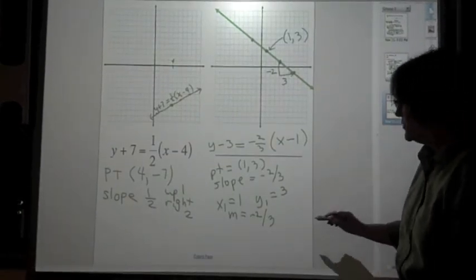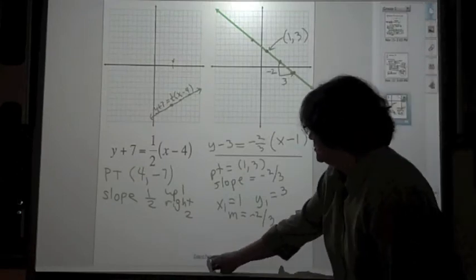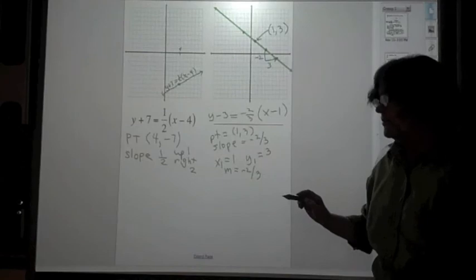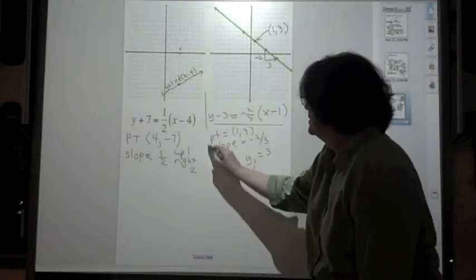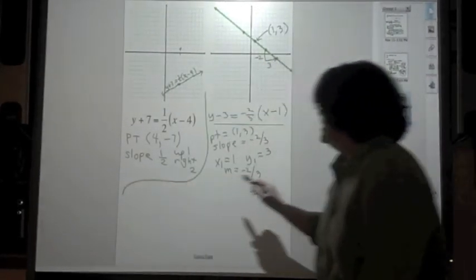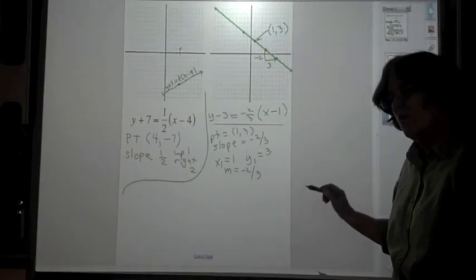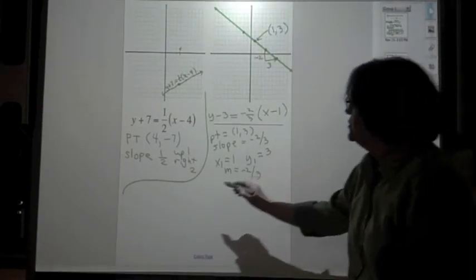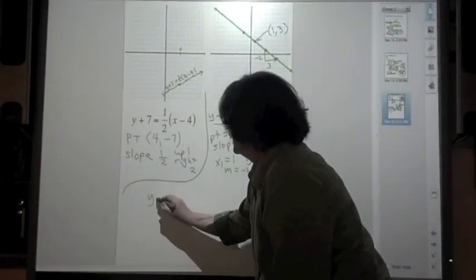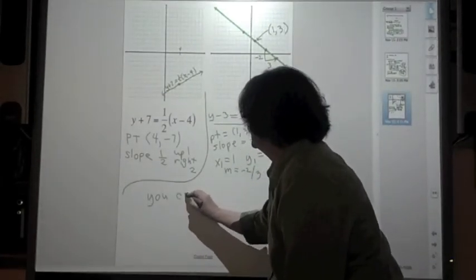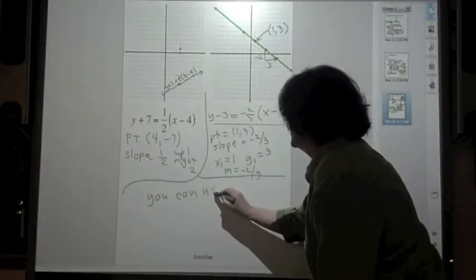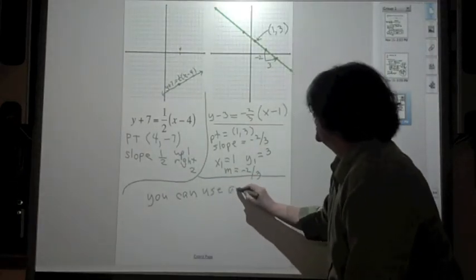There's a special thing though that happens here, and I'm not sure we've got room for it. It turns out that it doesn't matter which point you pick, you'll still get the correct answer. So you can use any point as long as it's on the line.